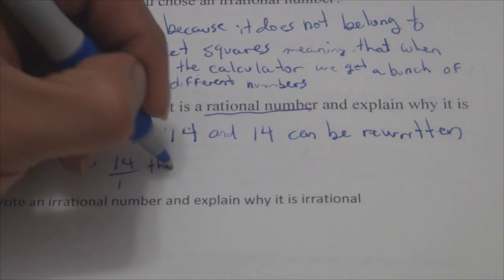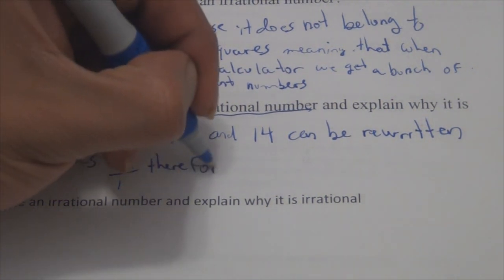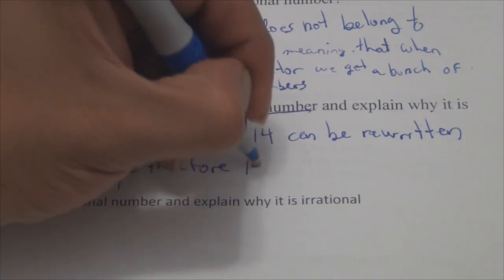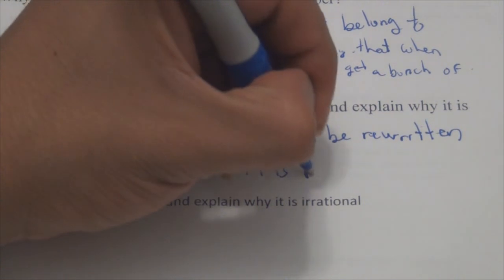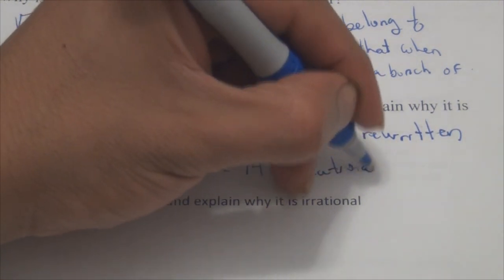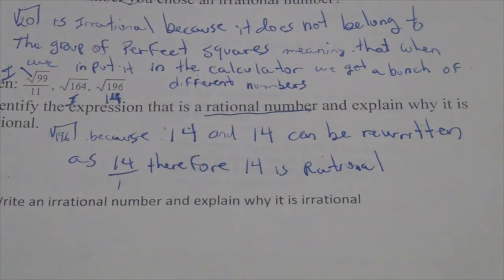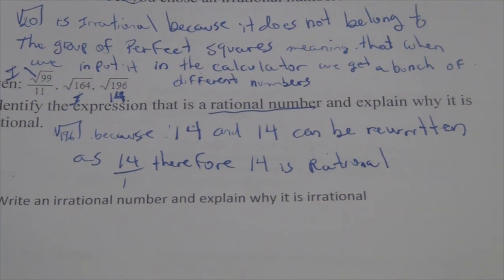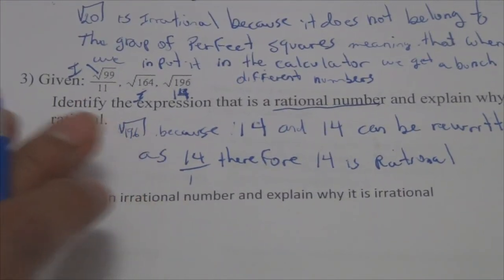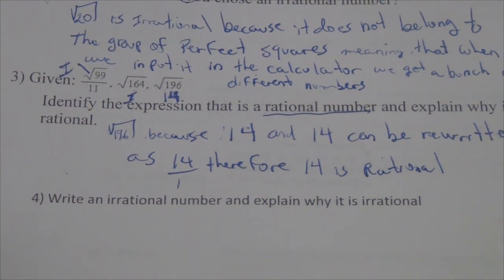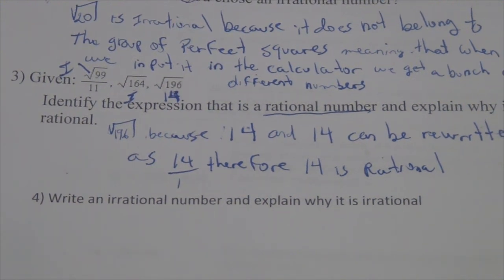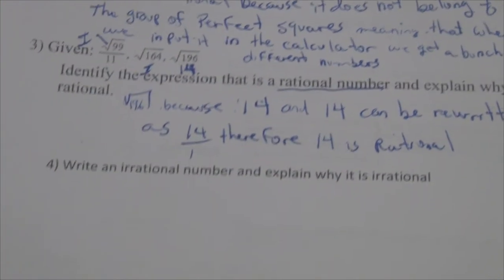Therefore, 14 is rational. Or you could say, based on the following mathematical evidence, we can say that the radical 196 is rational because the square root of 196 is 14. 14 can be the same thing.